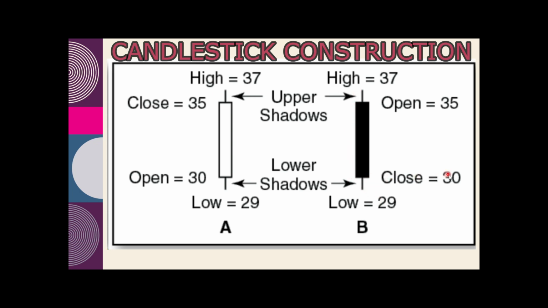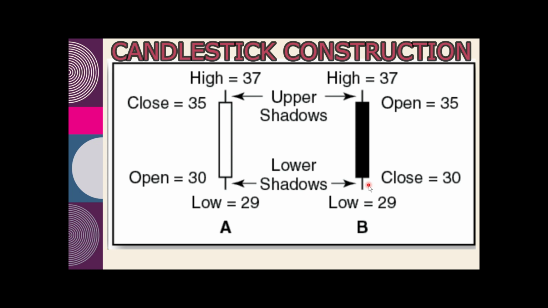Finally, it closed at 30. Do candles always need a shadow or wicks? Not necessarily. Price can close at the low. If the low is 30, sorry, and the price also closes at 30, then we will not have any wicks or shadows.